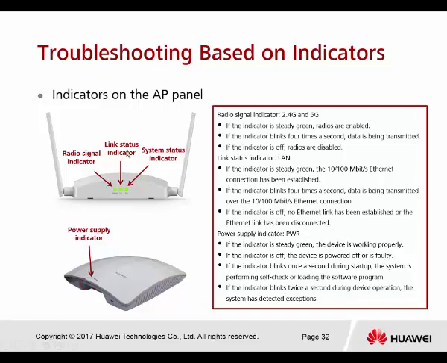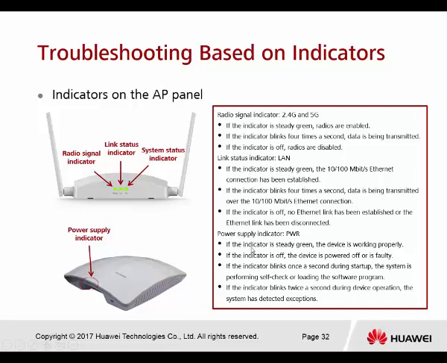So basically what I can tell you from here is the radio signal is for the wireless, for the downlink. When there is activity going on, it keeps blinking. And in the middle, this is for the uplink, connected to the switch or the controller. When this keeps blinking, there is some transmission going on. The last one here is the power supply.